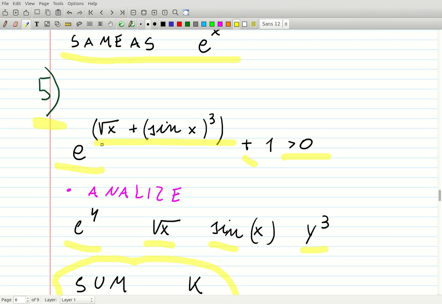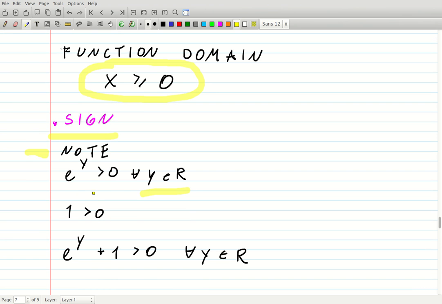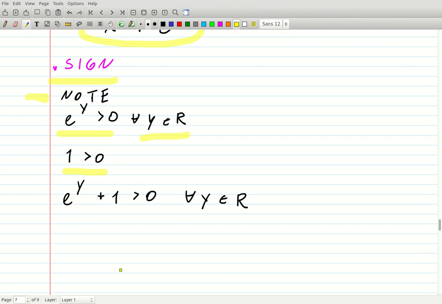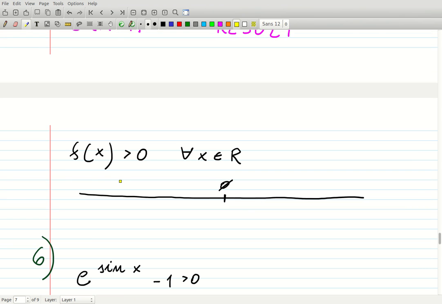We do not bother about it, because e to this exponent will always be positive. This is a very important point, because to this positive function we add another positive number, 1. So e to y plus 1 will be greater than 0 for every y belonging to the real numbers. Our function will be strictly greater than 0 for every real number.